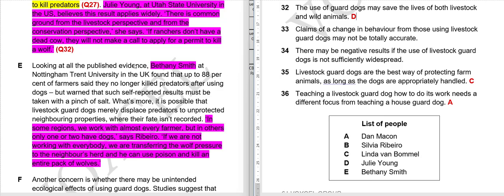Looking at all published evidence, Bethany Smith and Nottingham found that up to 88% of farmers said they no longer kill predators after using dogs, but warned that such self-reported results may be taken with a pinch of salt. What's more, it is possible that livestock guard dogs merely displace predators to unprotected neighboring properties where their fate isn't recorded.